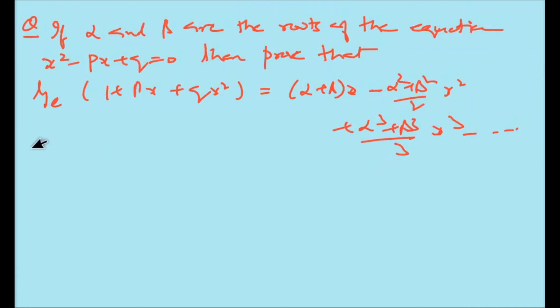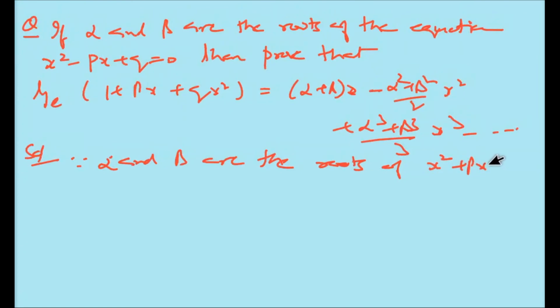So you can say, since alpha and beta are the roots of the quadratic equation x square plus px plus q equal to 0. So if you don't know what is the quadratic equation and what is the relation of the roots with the coefficients of x square and x, you should go through this chapter, the quadratic equations.